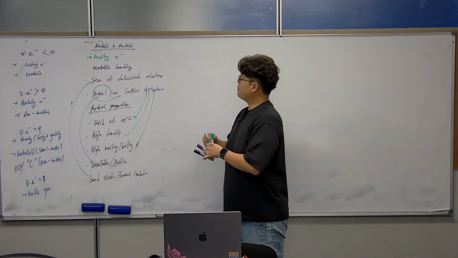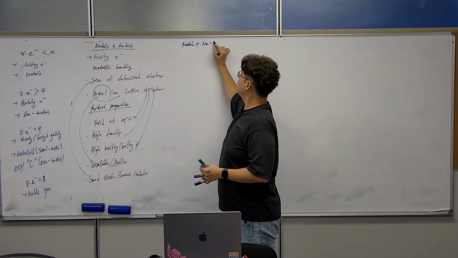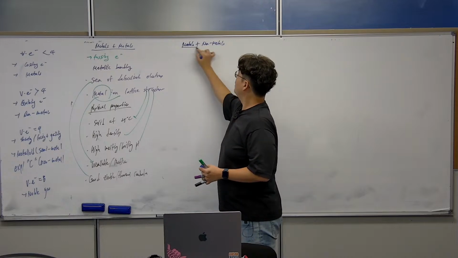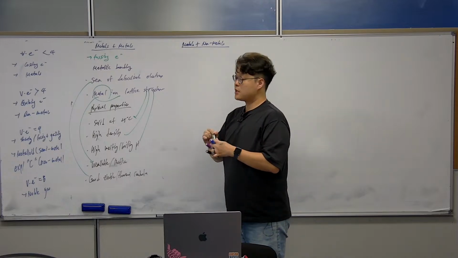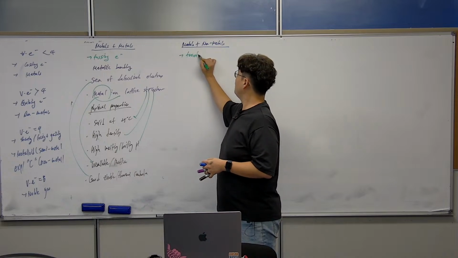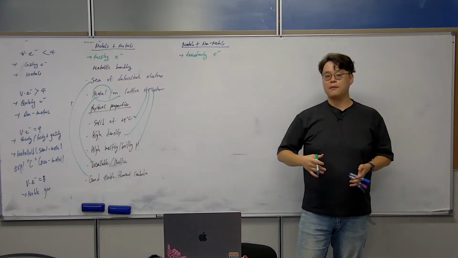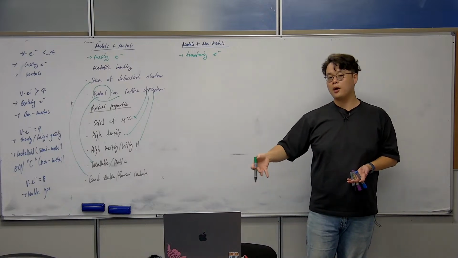All right, ionic bonding is from metals plus non-metals. In this case, they are transferring. Not tossing, but transferring, as in they permanently give away the electron and permanently receive the electron.